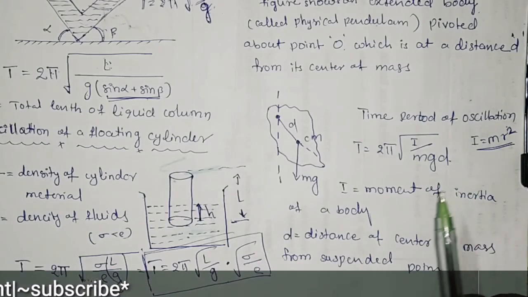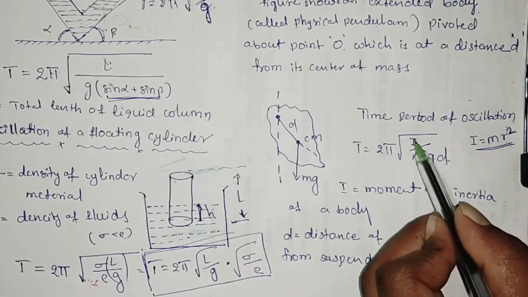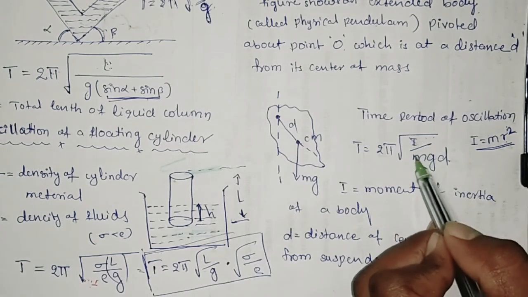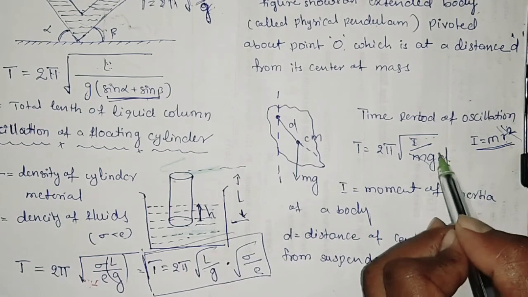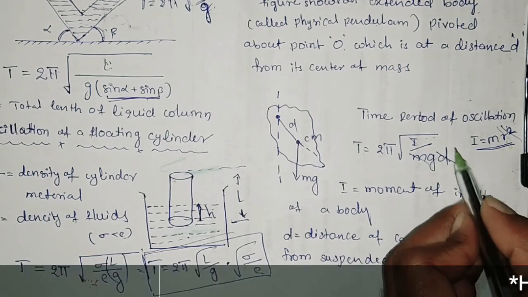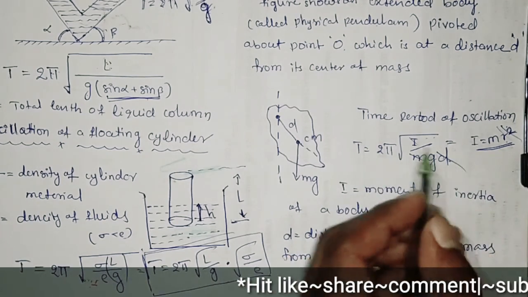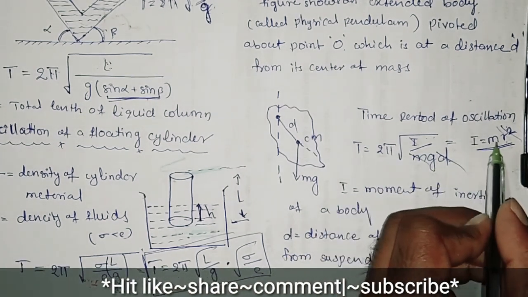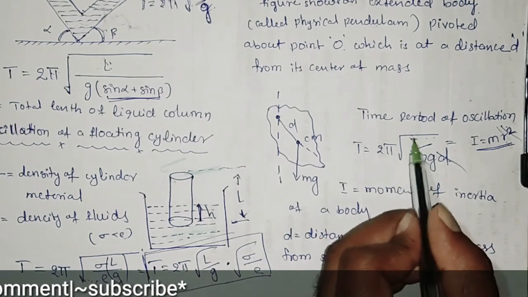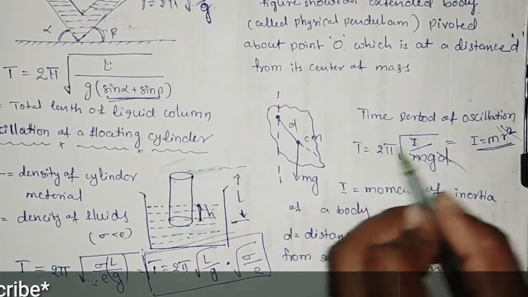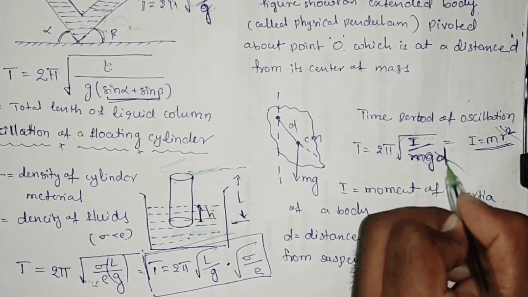How do we compare the formula? Substituting the value of I here, m r square: m and m cancel, and r square over d leaves one r, since d cancels. So T is equal to 2 pi under root I by mgd.